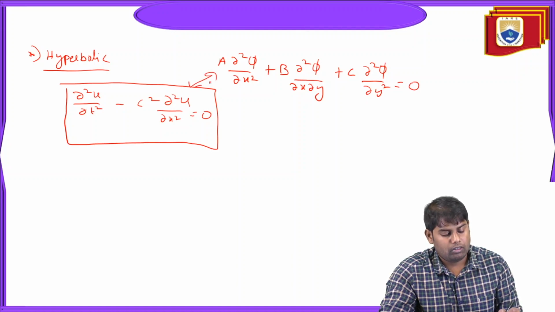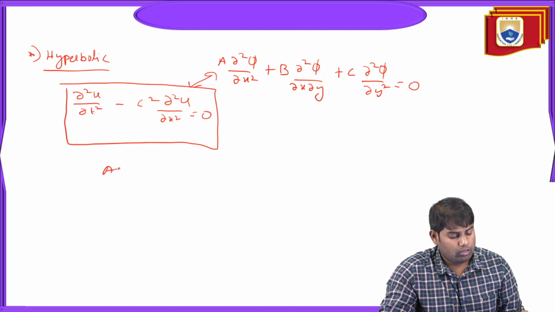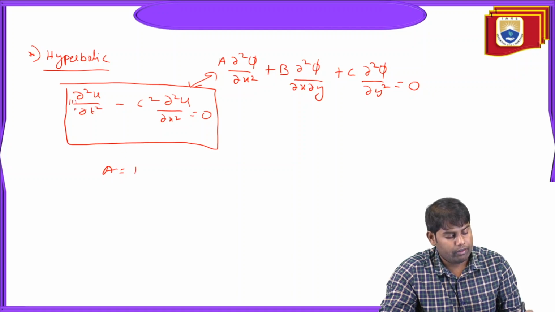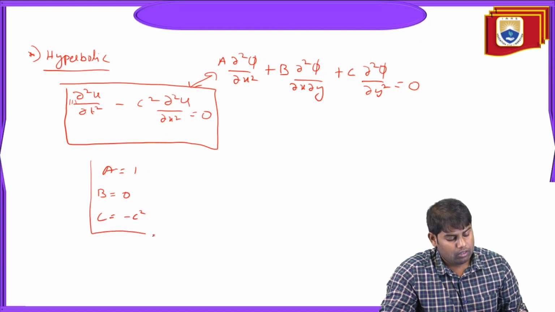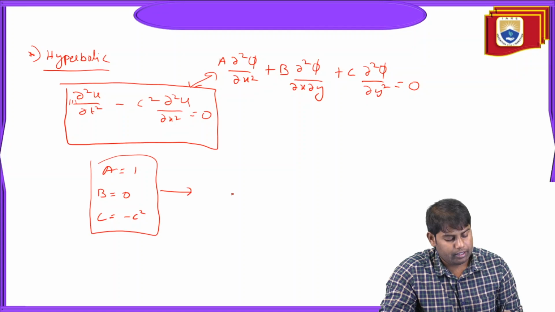What happens? A is equal to 1, so here you can see A is 1. B is 0. C is equal to minus c². So let us apply this here.